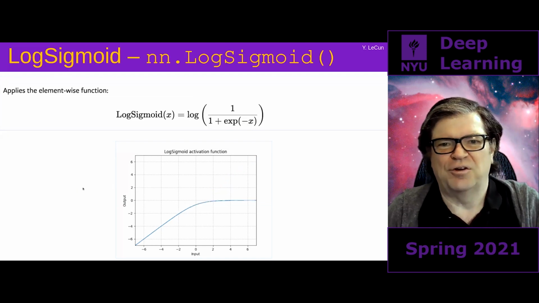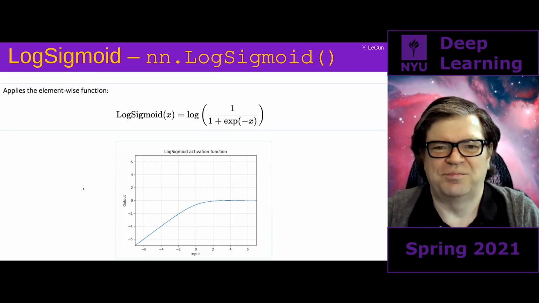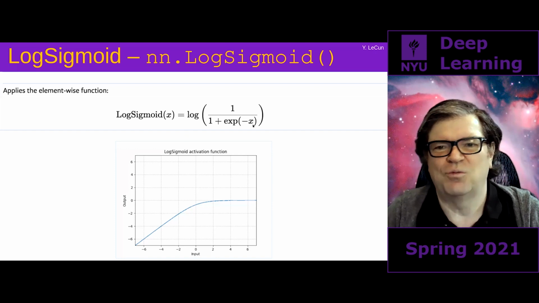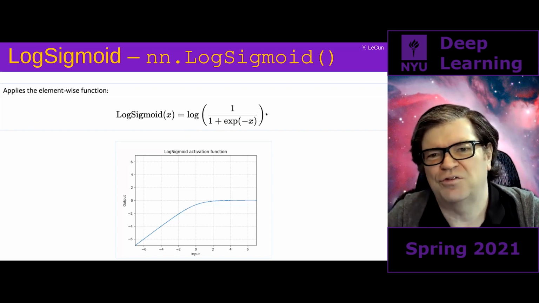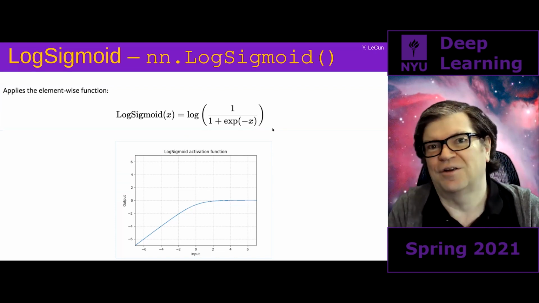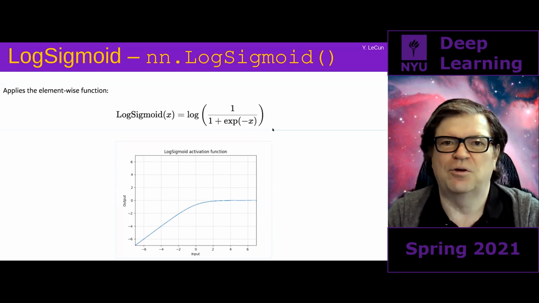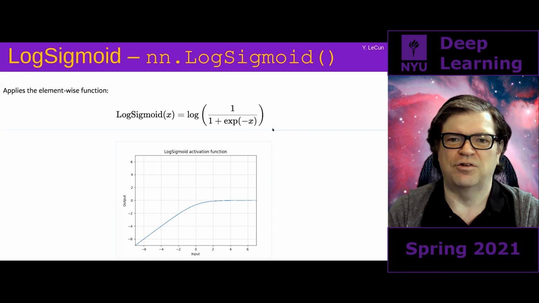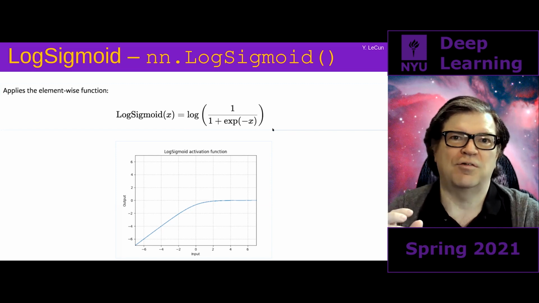Okay, then you have variations of those. So this is the log of a sigmoid. Why is it good to have a log of a sigmoid if you have the sigmoid and the log? The reason is because of numerical instabilities. It's very often the case that you will have functions with exponentials in them, and then you want to take the log of them.